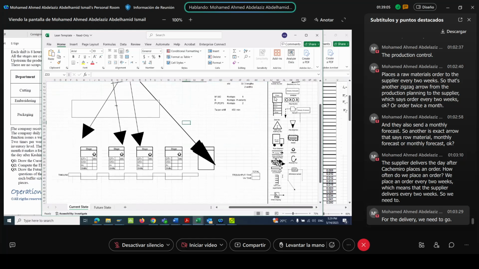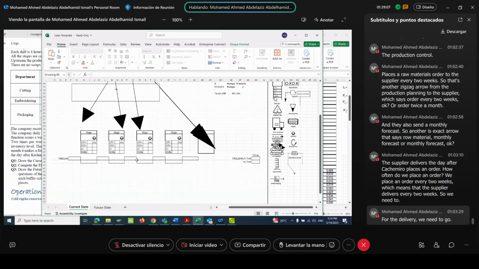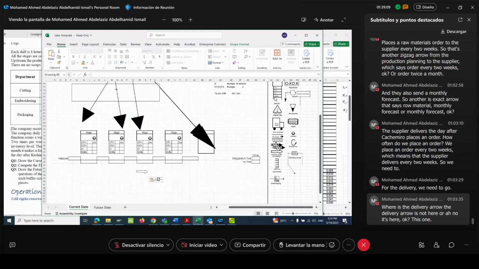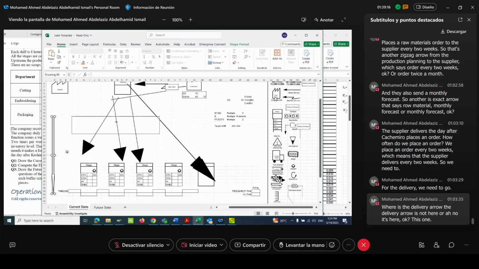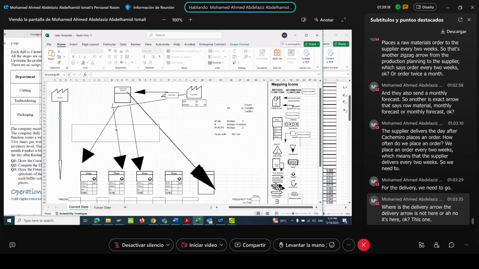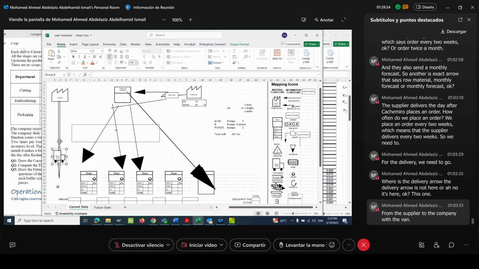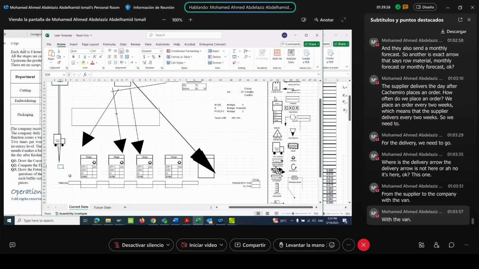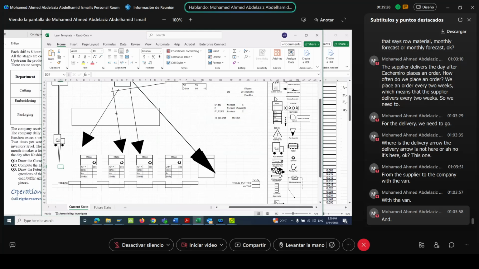Oh, no, it's here. Okay, this one. So from the supplier to the company with the van, and 2 times per week. That's already 2 times per week. It doesn't need to change.